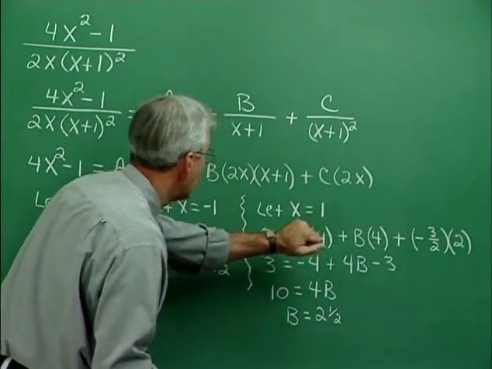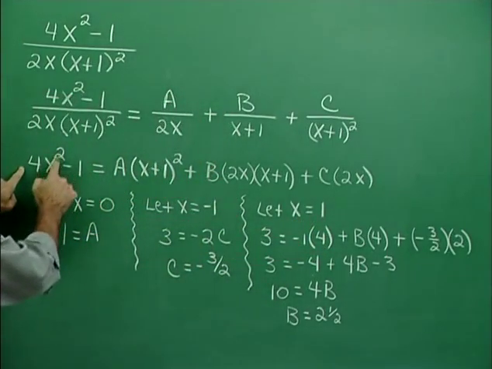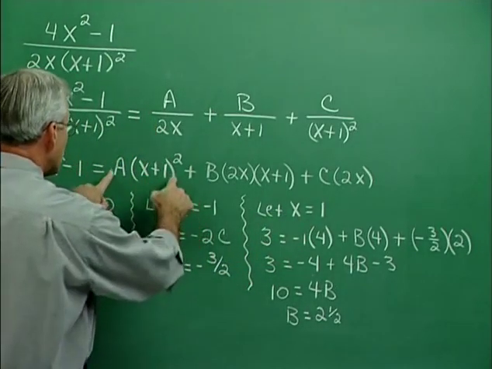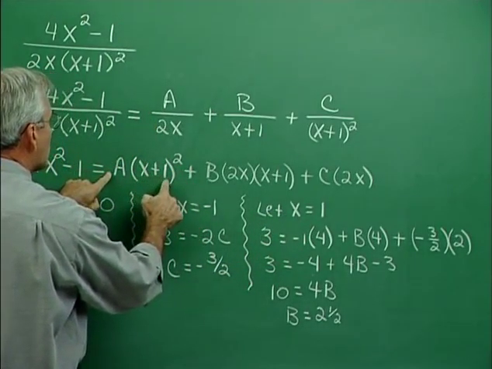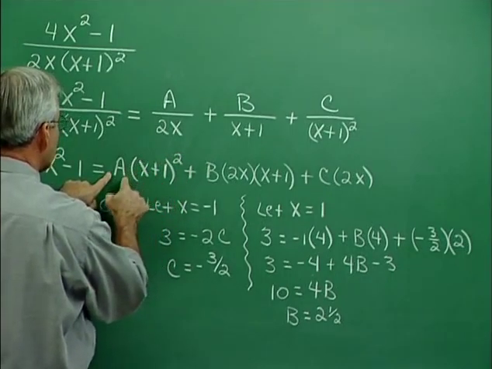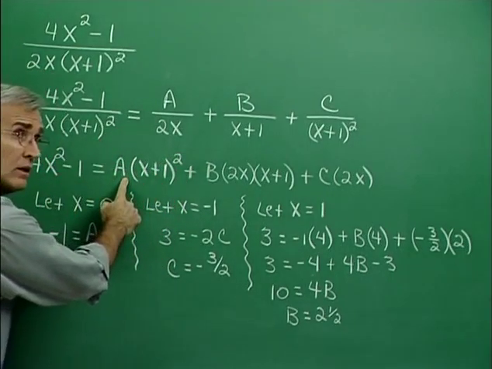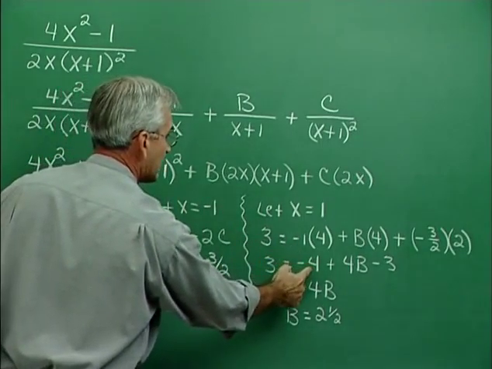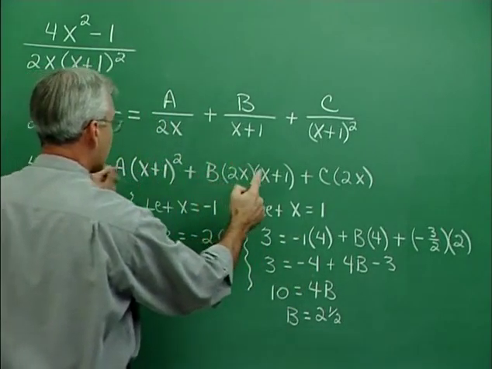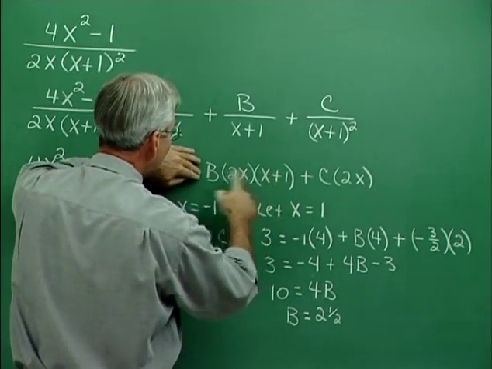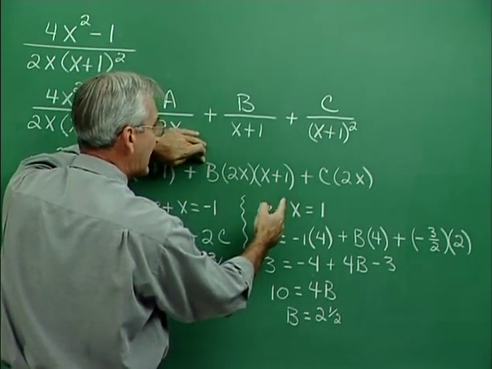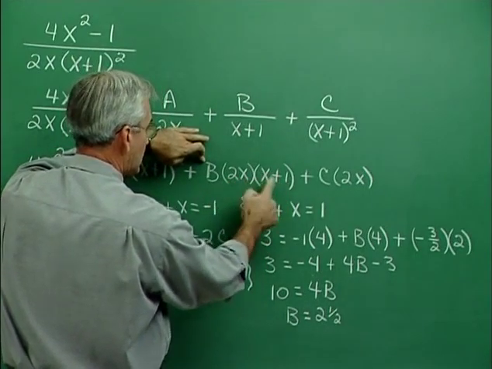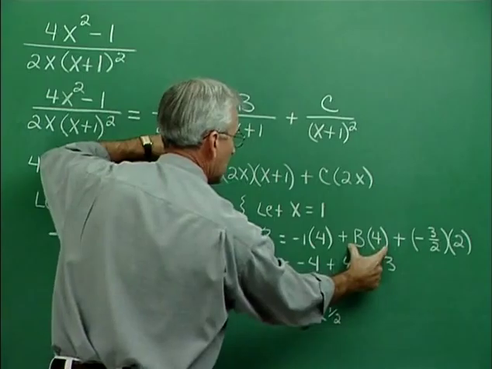Well, if x is 1, then on the left side we would have 1 squared is 1, 4 minus 1 is 3. All right, that's fine. When x is 1 right here, we have 1 plus 1, 2. 2 squared is 4. 4 times a. Aha, a is -1. So 4 times -1, that's -4 for that term. And then here for b, b is what we're looking for, but x is taking on the value 1, so 1 plus 1, 2. 2 times 1, 2. 2 times 2, 4. 4b.